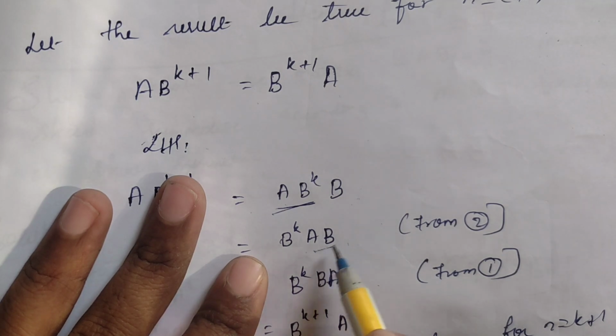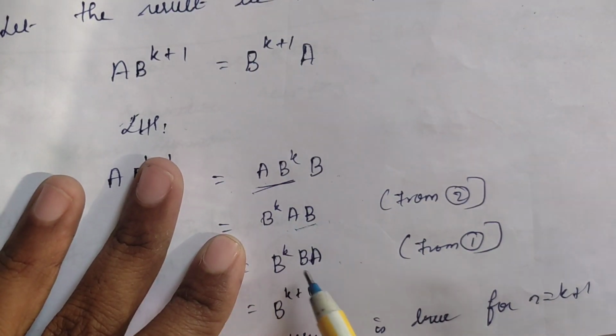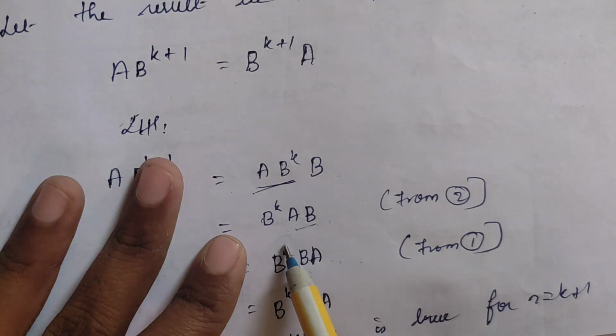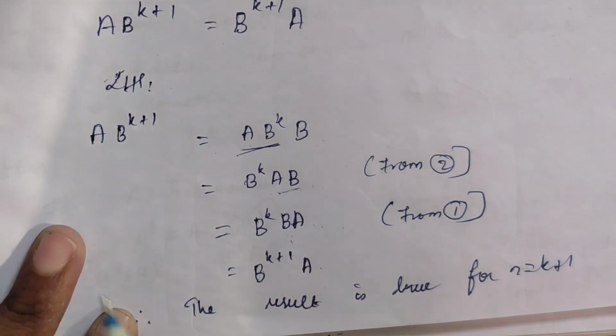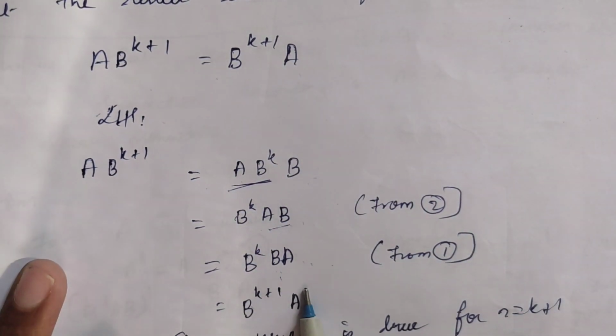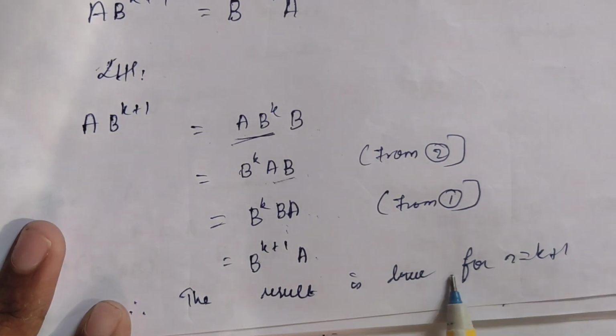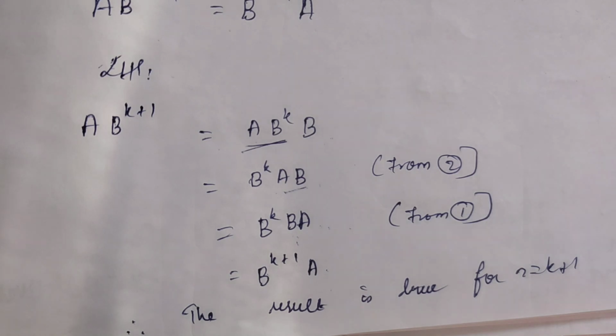In the question they have given it is BA. So B^k BA. B^k B^1, so B^(k+1) into A. Now I have proved my RHS. So LHS is equal to RHS. Hence the result is true for n is equal to k plus 1. Therefore the result is true for all the values of n.